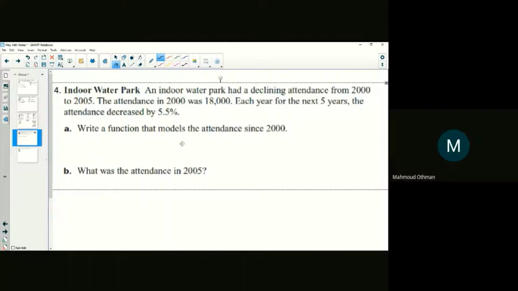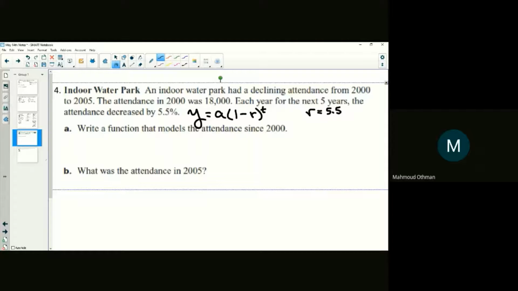So for us to do this, we need to remember that we need to use the exponential decay formula, y equals a times quantity 1 minus r to the t. So r equals 5.5%, and we know that from that being the rate of decrease, or the rate of decay.